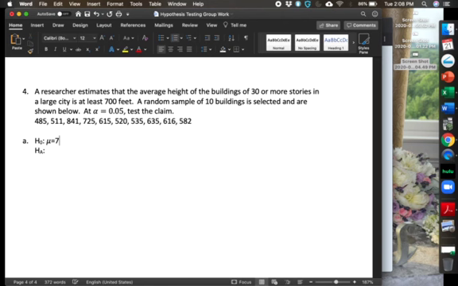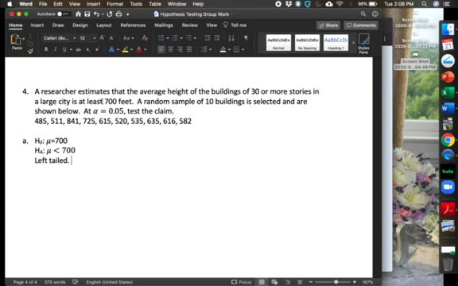So the equals is with 700 feet. What would be the alternative to at least 700 feet? The alternative to 700 or more would have to be less than 700. This is a left-tailed test. Be careful when you see statements like at least or at most. So this is left-tailed.